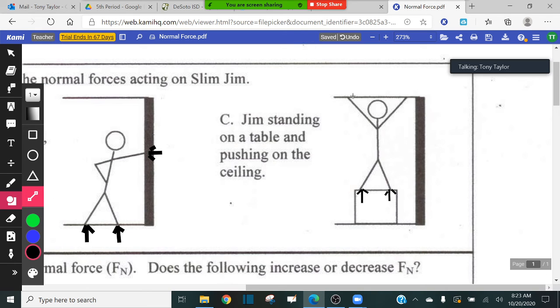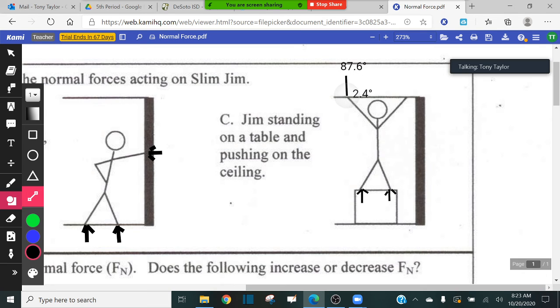But guys, what about the arrows here? In what direction is the normal force from the ceiling pushing on Jim? Where do those arrows point? Remember, guys, if he pushes up on the ceiling, according to the third law, the ceiling must be pushing back on him because we're looking for the forces acting on Jim. Jim is our object here.